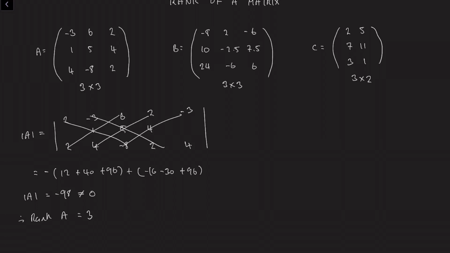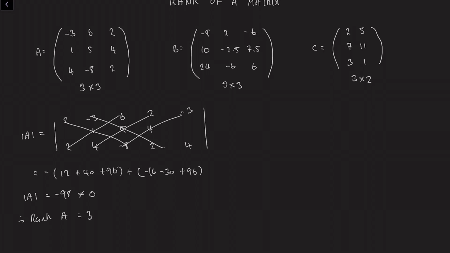The reason being, if we think about the row reduction method, let's say we have 0, 0, 0 here, you would find that the determinant is equal to 0 because if one column is totally 0 or one row is totally 0, so it could be either that or that, you would find that the determinant is equal to 0, hence it's not a full rank, right? So that's what we found here. Moving on to B, we can do the same thing because again it's just a square matrix.